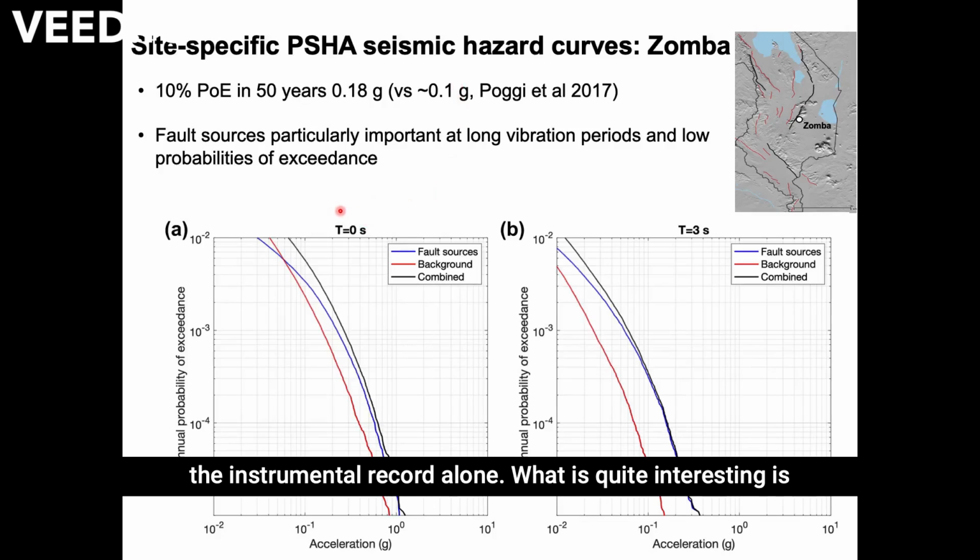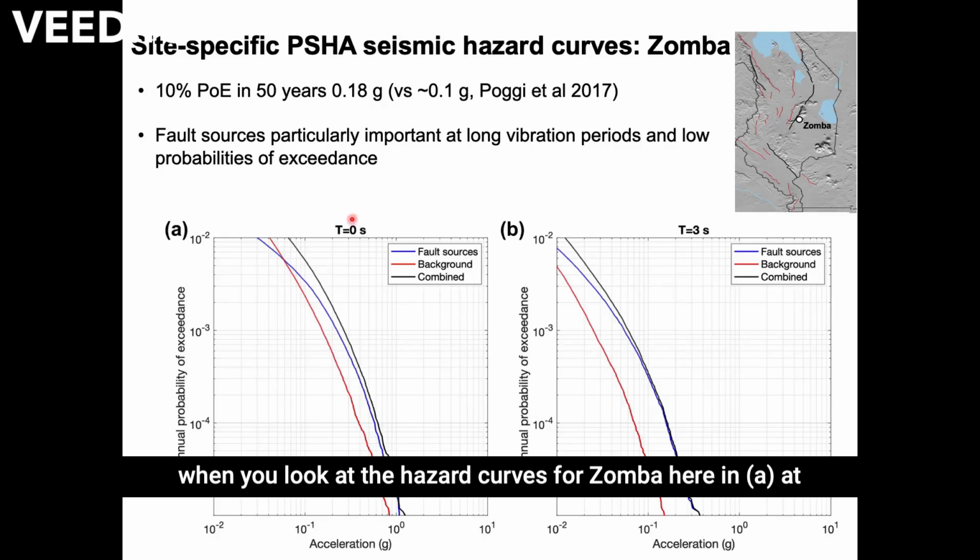But what's quite interesting is when you look at the hazard curves for Zomba here in A at PGA and B at a spectral acceleration of 3 seconds.